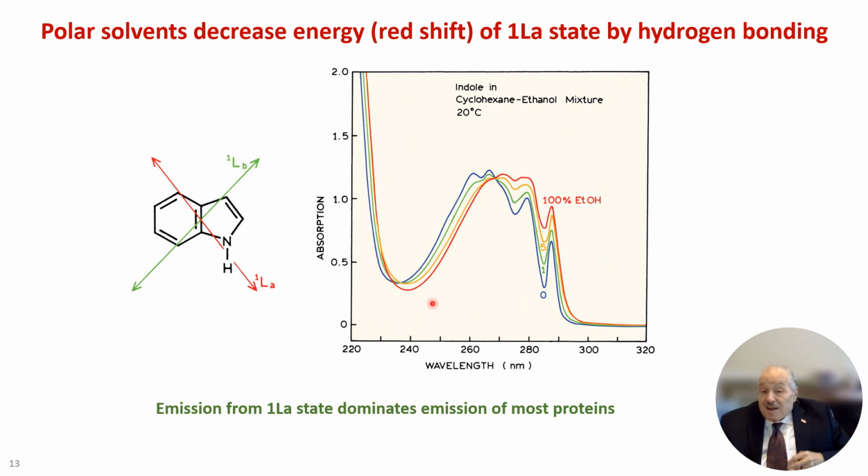If you look really close, or if you use your imagination, you can believe that the 1LB state is not sensitive to the polar solvent. The 1LA state has shifted to the red due to the polar solvent, and that's the reason why, if you're using a long wavelength excitation, you can excite exclusively into the 1LA state.